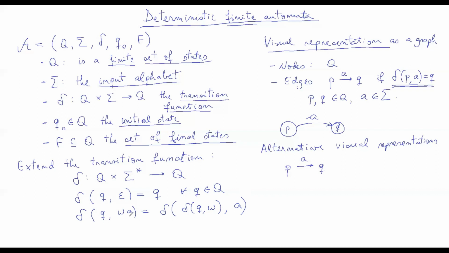So once we have this extended definition of the transition function, we can now define what it means to have a computation in an automaton. I'm going to continue on the next whiteboard. So remember that the initial state is Q0.